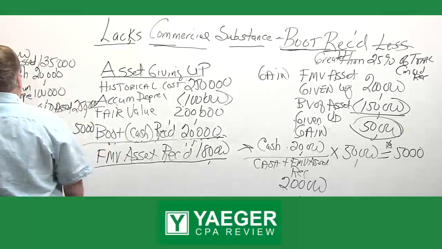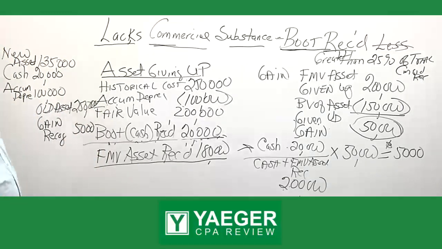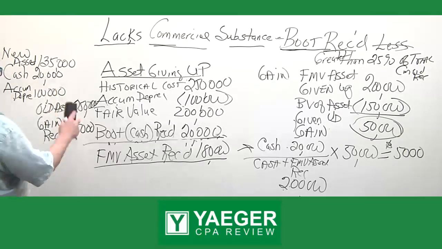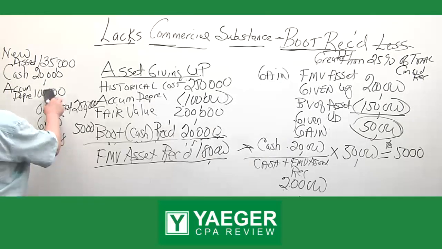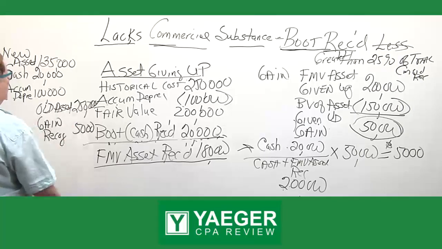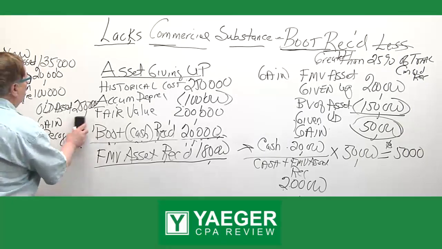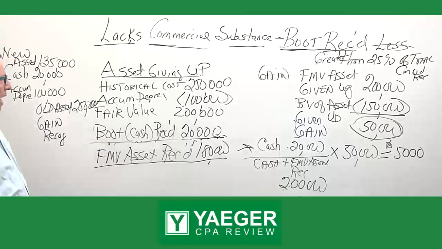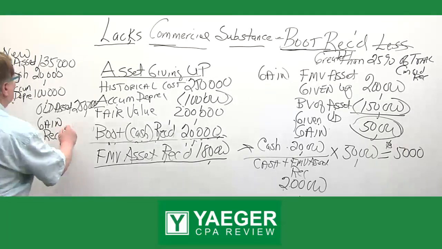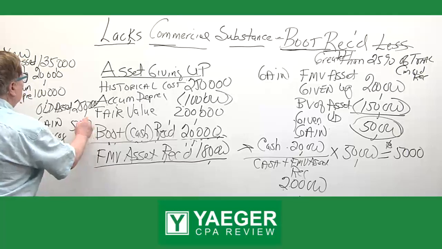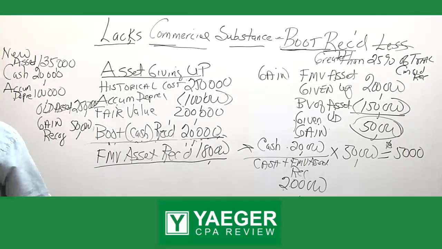So now, if we looked at the same facts, we would make the journal entry, debit cash 20, debit accumulated depreciation, credit the old asset 250, and the gain recognized would now be $50,000. If it's greater than 25% and lacks commercial substance, all the gain is recognized.